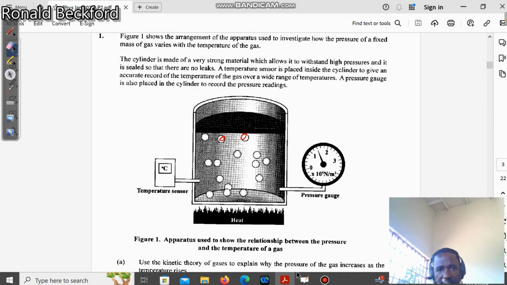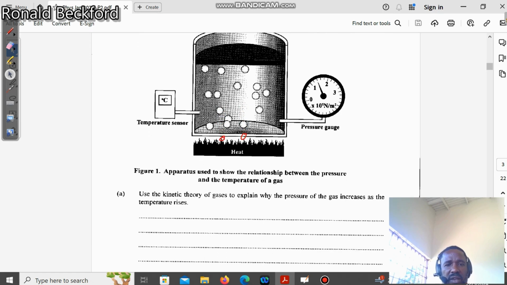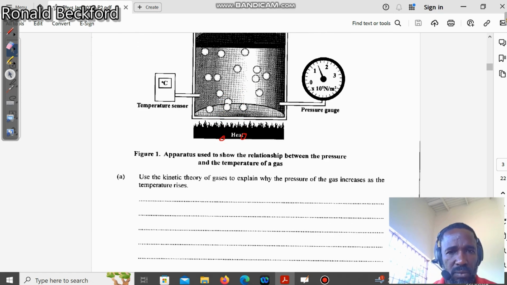Looking at the question, it says that we are to use the kinetic theory of gases to explain why the pressure of a gas increases as the temperature rises. In order for us to do that, we need to understand what the kinetic theory of gases says. As heat is applied to the cylinder, these particles will gain more kinetic energy, and because they gain more kinetic energy, they move faster.